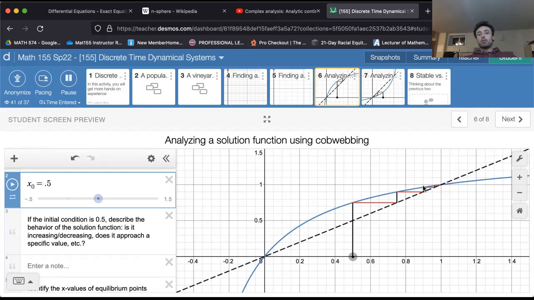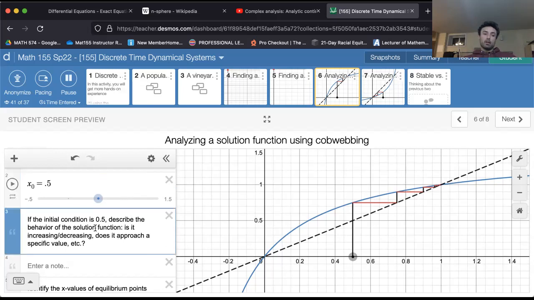The next time unit, I'm at whatever this y value is, which is 0.9654. And as time goes on and on, I just check the y values each time my cobweb hits my updating function. If I zoom in a lot on this point, you would see that this cobweb gets really bunched up. I'm just getting closer and closer to this equilibrium point here, which is 1.